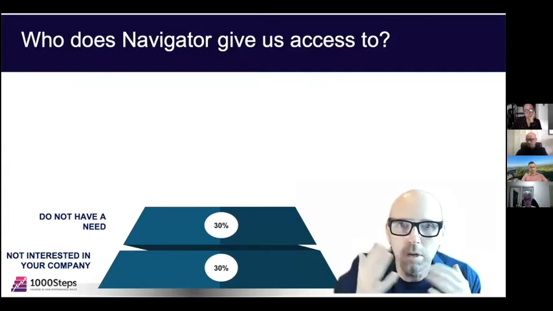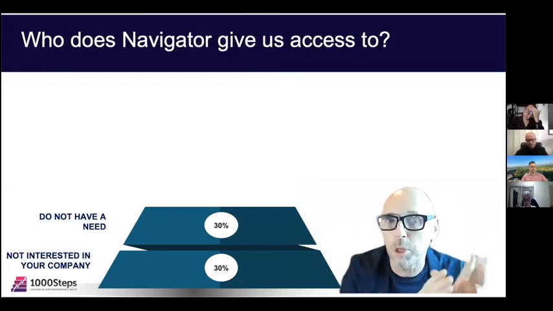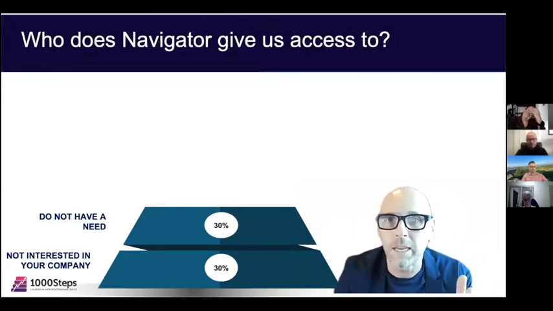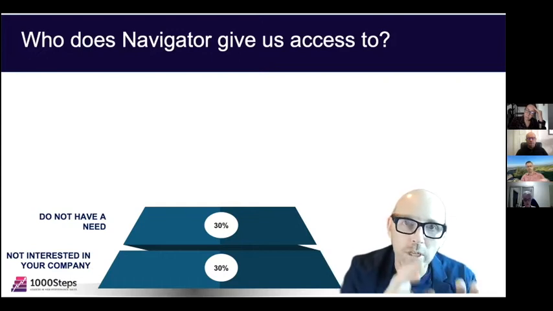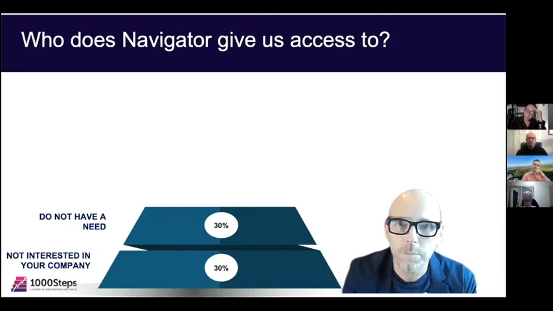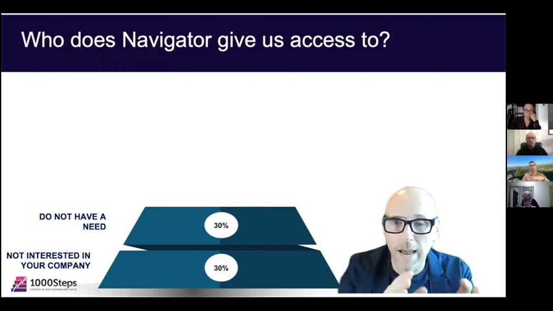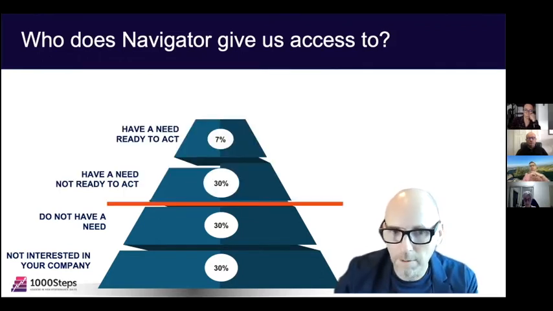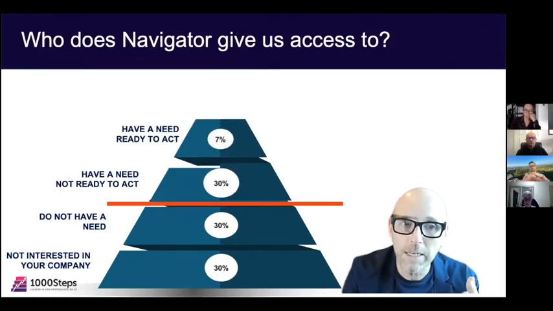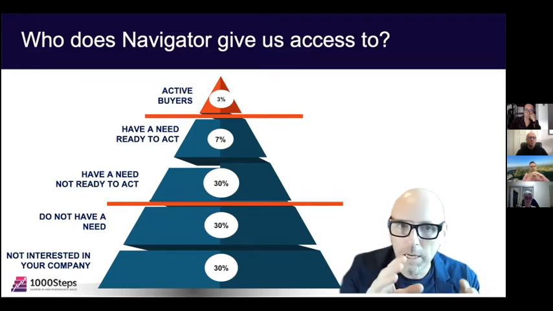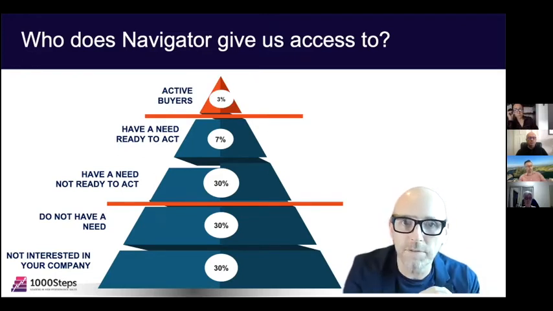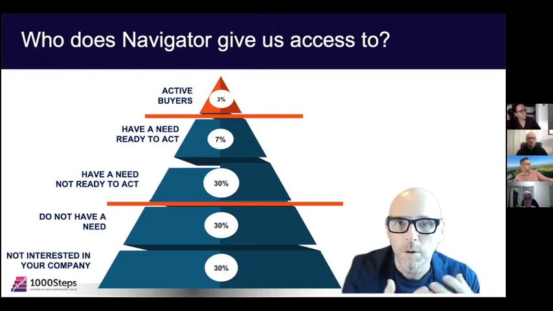I know we think everybody should be interested, but 30% will not, for whatever reason: no money, don't like you, don't like your product, don't like the marketplace, want to do it the old-fashioned way. 30% don't technically have a need at the moment. 30% have a need and are not ready to act, and 7% have a need and are ready to act. 3% have a need and are actively buying, which is what we all fight over with inbound lead generation.